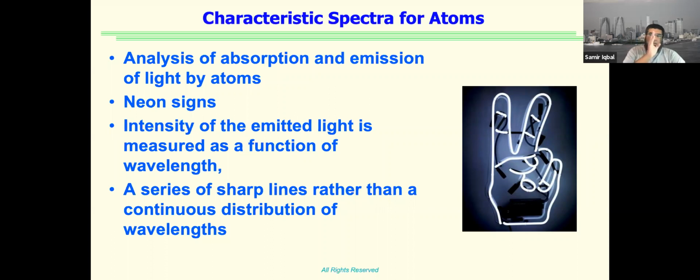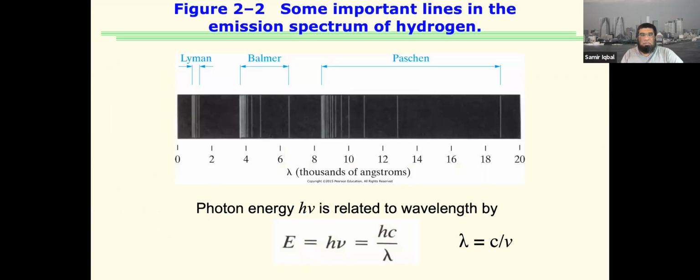We would get maybe one wavelength and then go on and get another wavelength, and keep on going through, getting different wavelengths. This is a real plot measured by three scientists a long time ago, Lyman, Balmer, and Paschen.